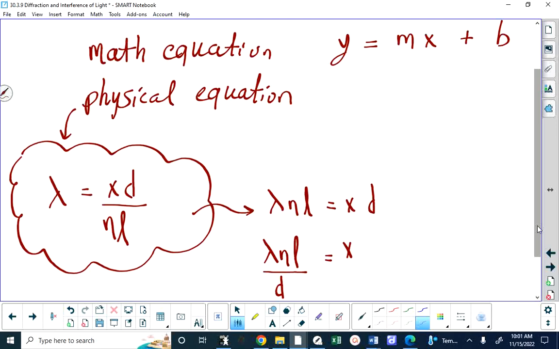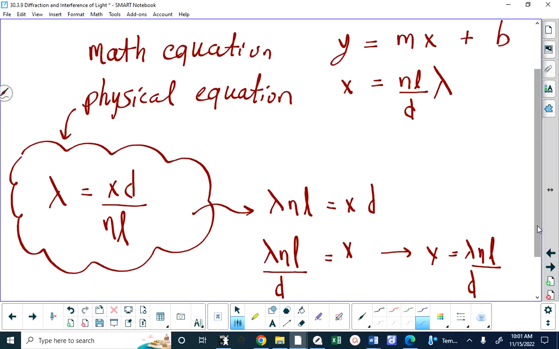Okay. So I'm going to rewrite this one more time as x equals lambda n L over D, and then I'm going to rewrite it one more time up here. I'm going to write it as x equals NL over D times lambda.